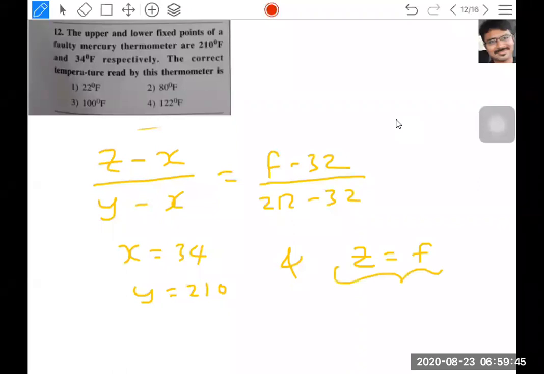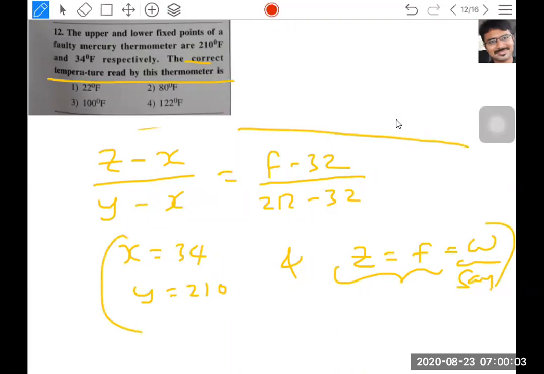Correct reading means the correct temperature shown by the thermometer. Let us take that value as W. Substitute in the above formula: (W minus 34) by (210 minus 34) equals (W minus 32) by 180.